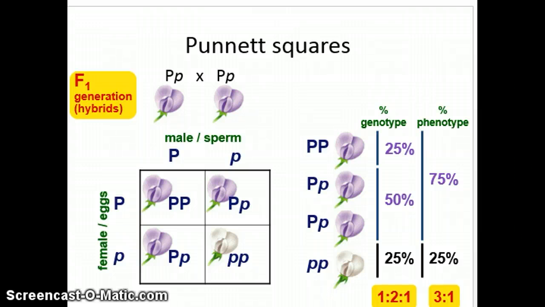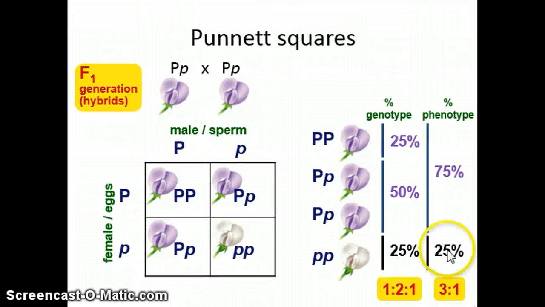On a very basic level, we have this Punnett square where we're crossing a heterozygous male and a heterozygous female. Typically, with a Punnett square we put the male across the top and the female down the side.